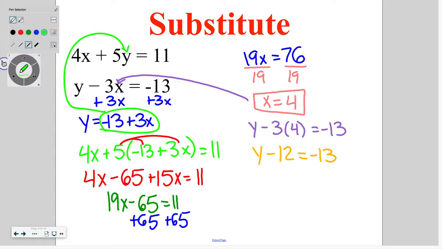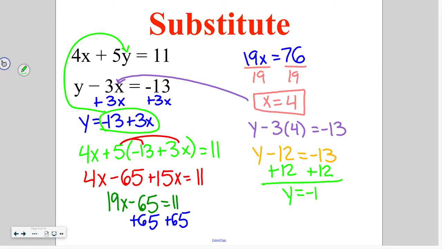Adding 12 to both sides, I end up with y is equal to negative 1. So there's my second answer, giving me a final solution of (4, -1). So taking that extra step to get the variable by itself to start on this one.